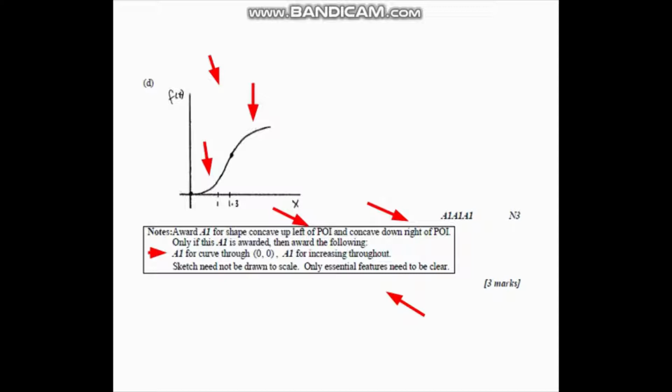And a mark for a function that is increasing throughout. We also said this: f dash is positive for any value greater than 0, hence the function shall always be increasing. This is what the function should look like.